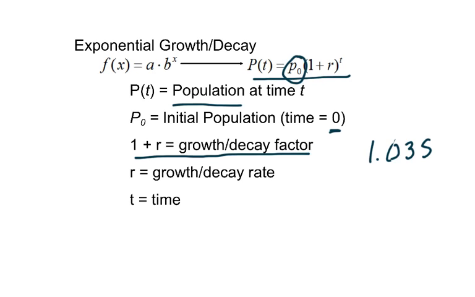Versus if the value of a car or something is decreasing, you would do 1 minus 0.35. And so that is going to make it a decimal value, but not necessarily a negative. So again, no negatives for our B value, and so that's why we have 1 plus R here. And then again, R is your decay rate as a decimal.